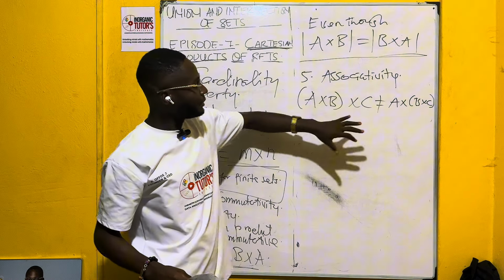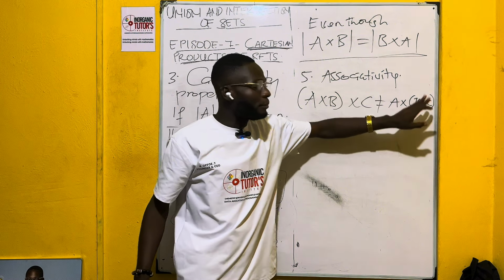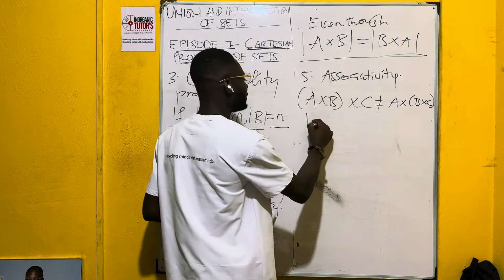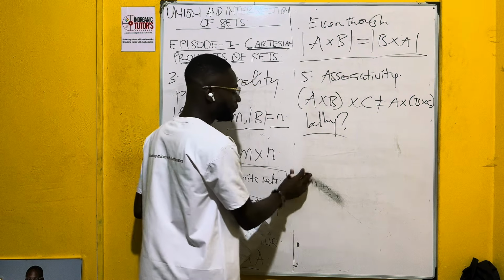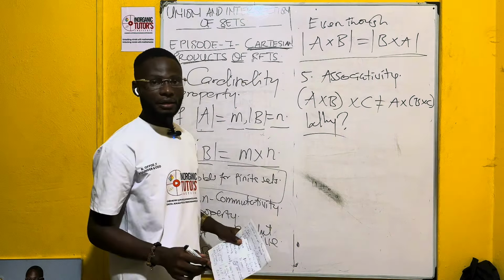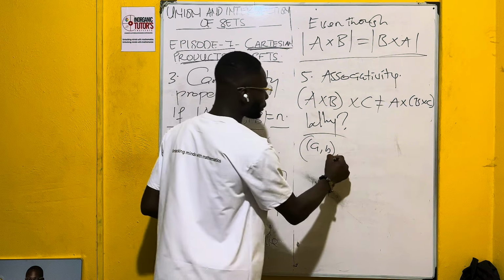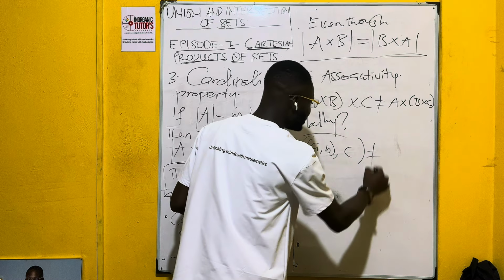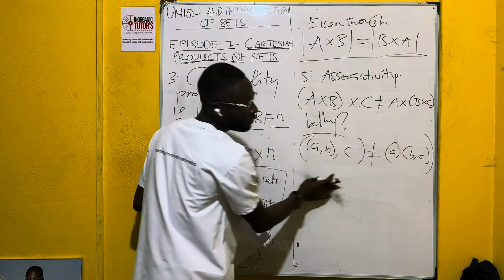The reason is, if you look at the left-hand side, you have ((a, b), c), and this element is not the same as (a, (b, c)).